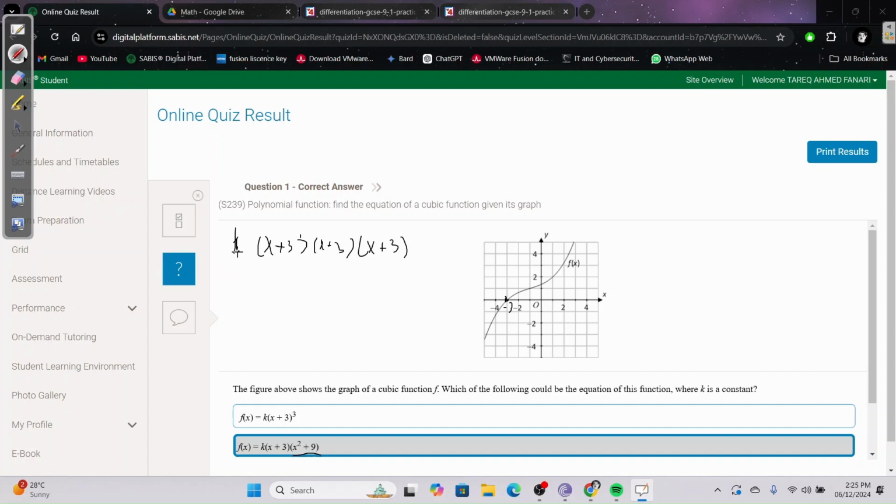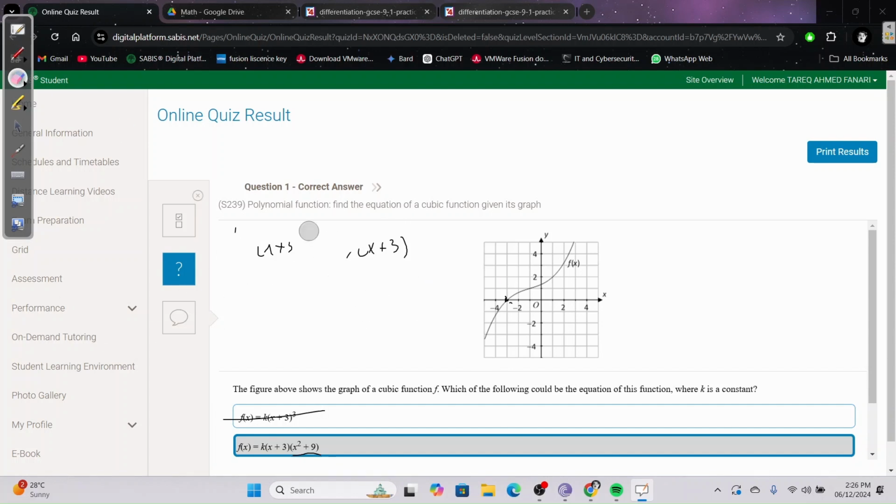This essentially means that we're gonna have the function or the graph passing through -3 three times. Because solve it here: x plus 3 equals 0, so x equals -3. Same thing here, same thing here. So this graph should pass through -3 three times. But it doesn't. So this is not the correct solution. This is incorrect.